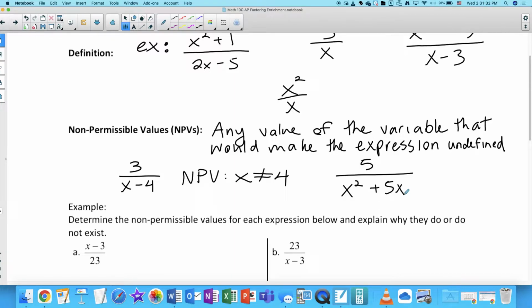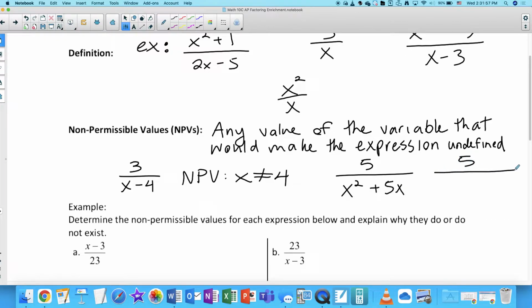Well, 1 squared plus 5 times 1 is actually 6. Okay? So it's kind of hard to see in this format. This is a binomial. What did we just learn about in our last unit when we were looking at polynomials? What process were we doing? Yeah? Factoring. So let's try factoring this.